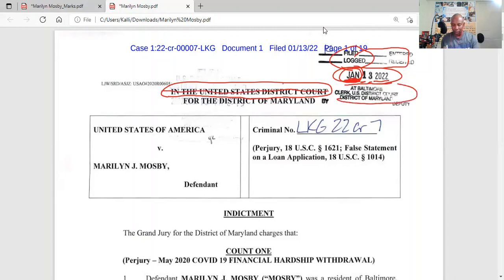Now, if we look here, most people may think that this is the name of a court, but there's no court name here.